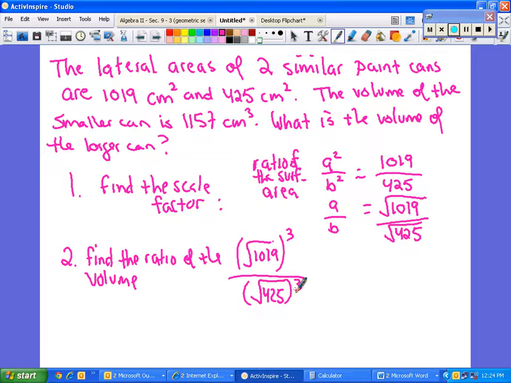Okay, now, so we can say that this is equal to the volume of the large figure divided by the volume of the small figure, right? Yes? No? Maybe? Now, what do we know, though? Out of these two things, the problem tells us one of them. The problem tells us that the volume of the smaller can is 1157.